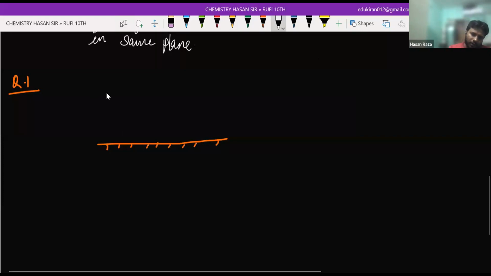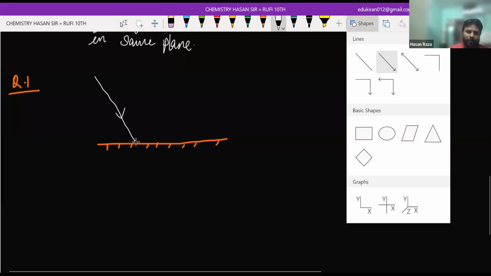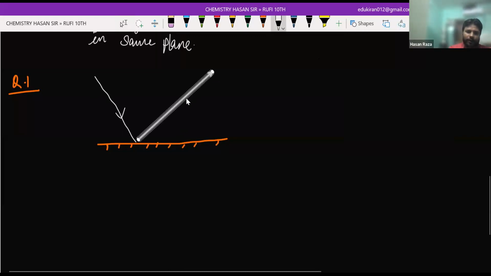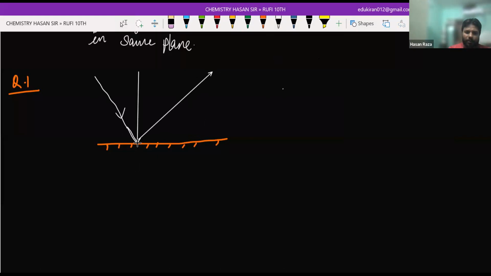Now you can see this is your incident ray. Let's say this is your reflected ray, and this is your normal. Now see, if this is a 35-degree angle, can you tell me what will be the angle of reflection?